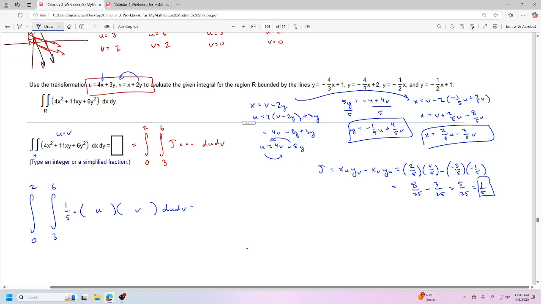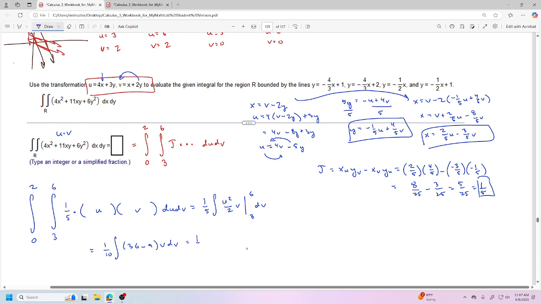That's way easier. So integration in terms of u. Sweet. From 3 to 6. Plugging those in. We get 36 minus 9.